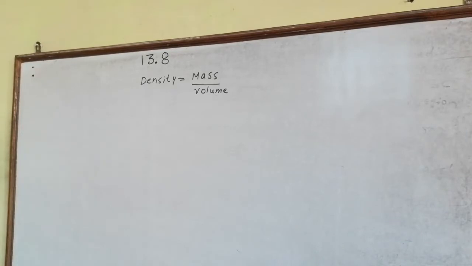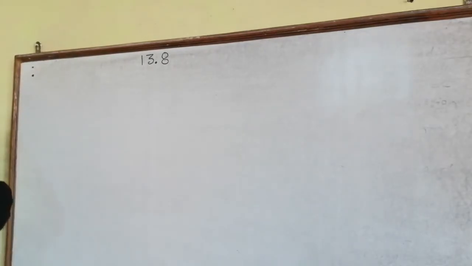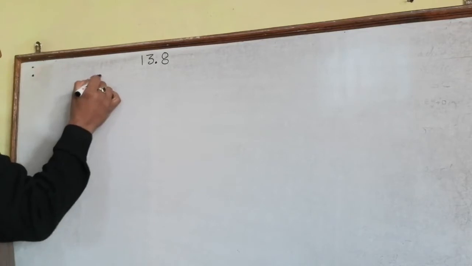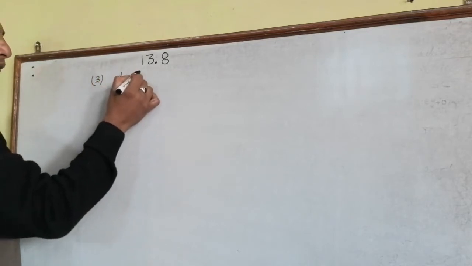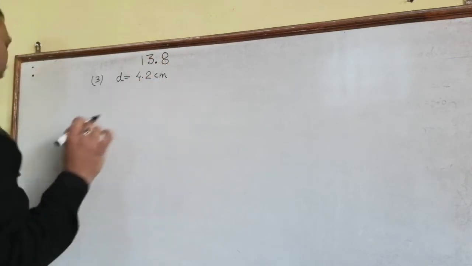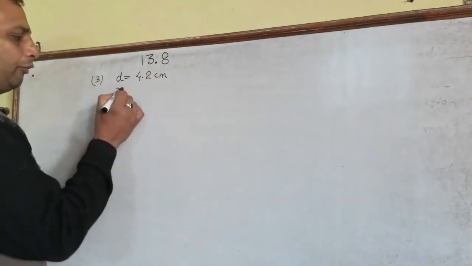For that, it is given that the diameter is 4.2. I hope you understood how to solve this question now. Diameter is 4.2 centimeter. If the diameter is 4.2 centimeter, the radius will be 2.1.